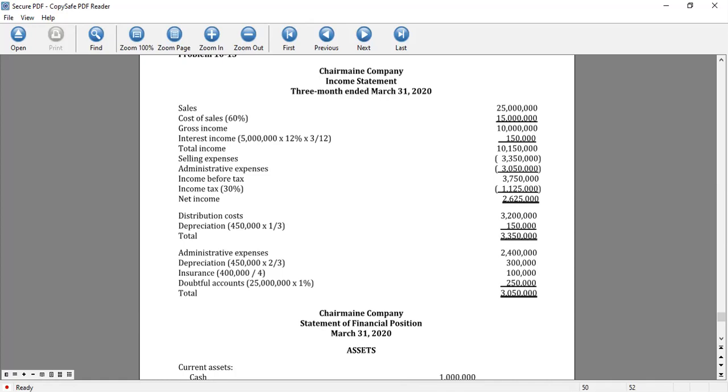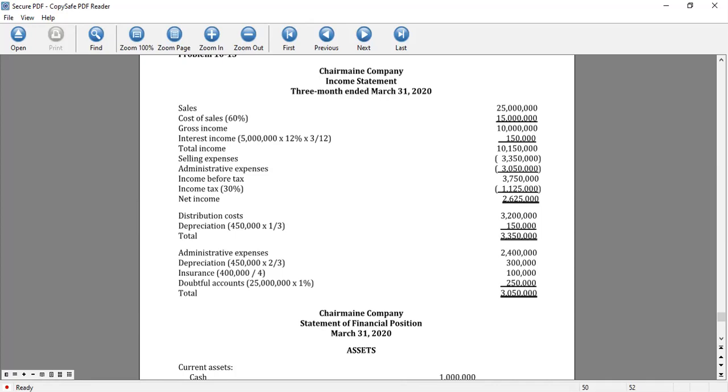That's your income before tax. Then we deduct the tax equal to the rate of 25%. The income tax rate is 30%, and the income tax will be paid on or before April 15, 2020.